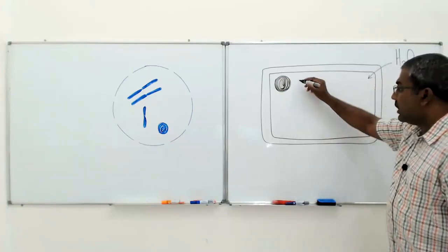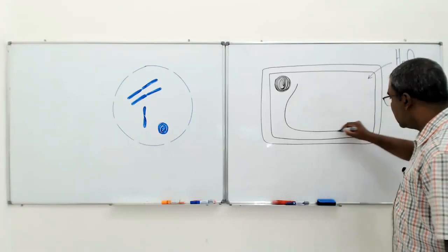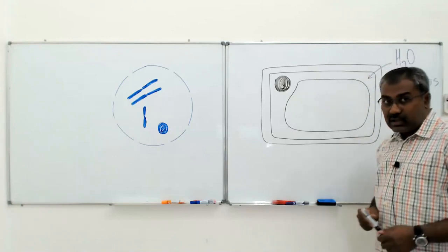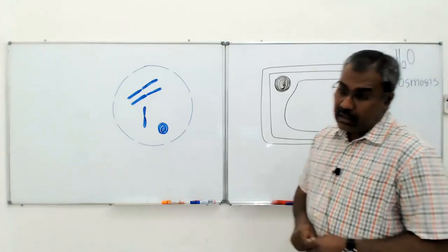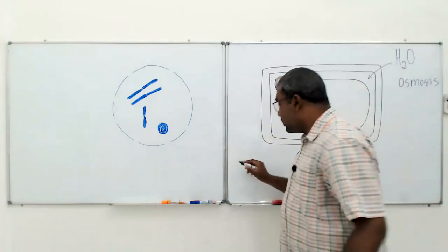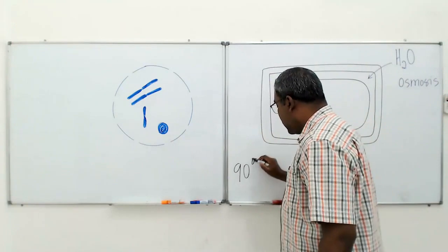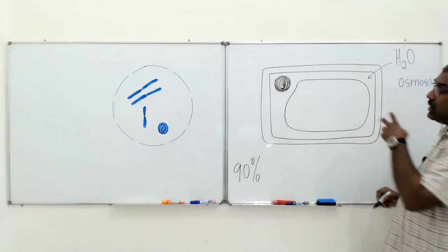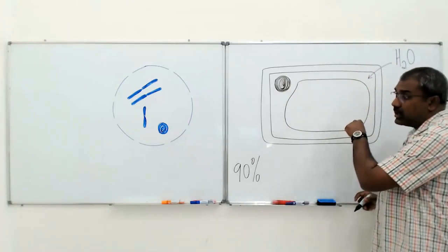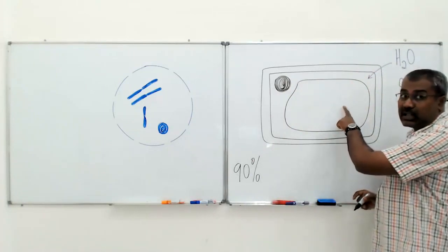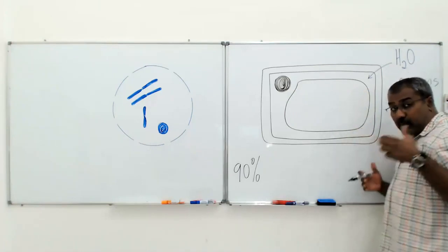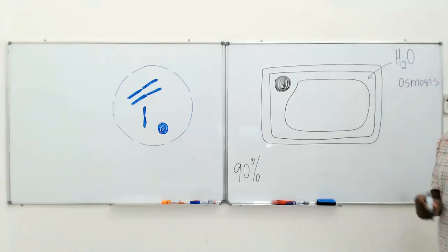Becomes bigger, will expand more and more. Saya pernah baca vacuole can occupy 90% of the plant cell. The size of the vacuole boleh mengisi 90% daripada isi padu sel ini. That big the vacuole can become.